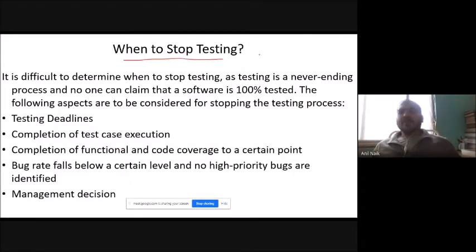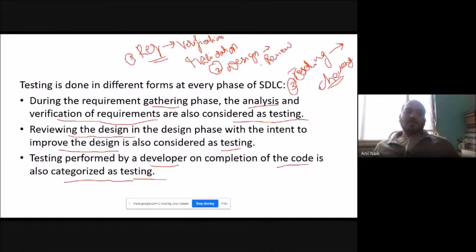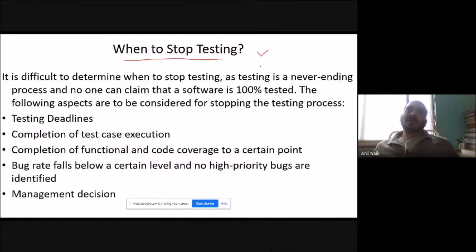So when to stop the testing? You know when to start. When to start depends upon the model, and also we can do the testing at each phase. So when to stop testing? It is difficult to determine when to stop testing, as testing is a never-ending process.